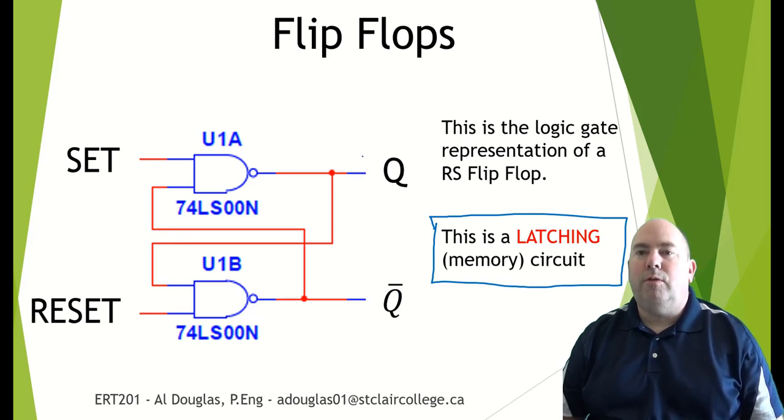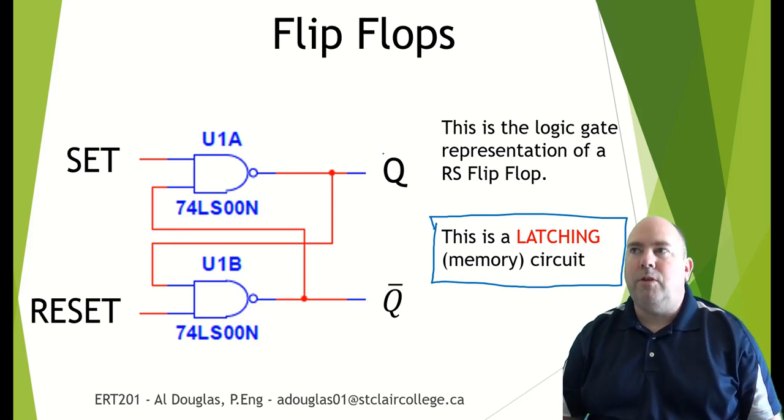So everything we've done so far, the outputs change and stay as they are depending on what the inputs are doing. This is our first circuit where we can turn on an input and our outputs will change, and then those outputs may stay in that state regardless of what the inputs do after that.